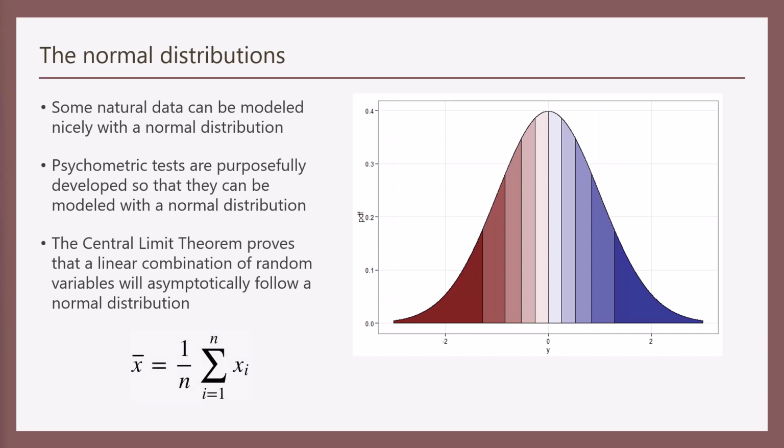We add up a number of our observations, we divide by how many that we added together, and we have the mean. So the mean is a linear combination, so the central limit theorem states that the mean will asymptotically, that means as you get more and more observations, approach a normal distribution. Now, if you have only a few observations, it may not be near a normal distribution, but if you have many, then it will be.